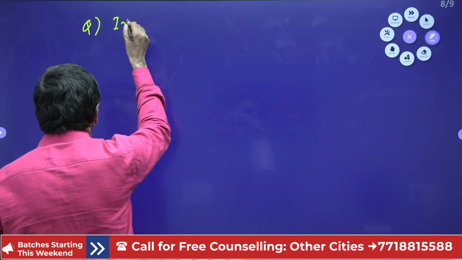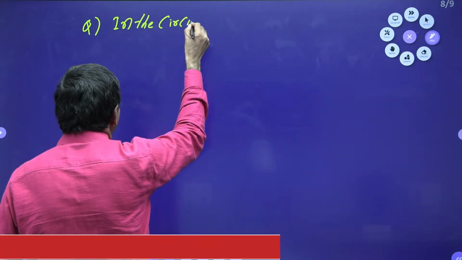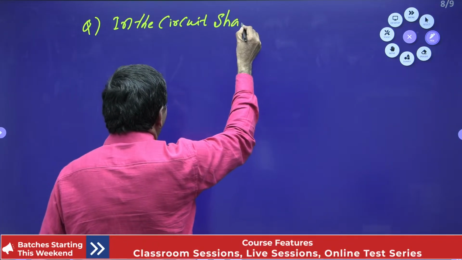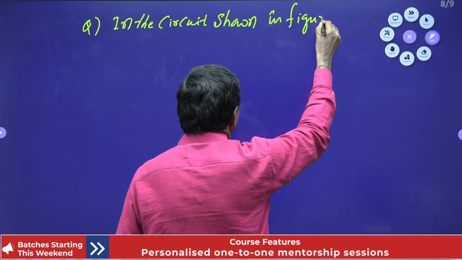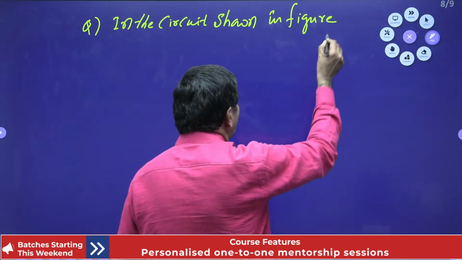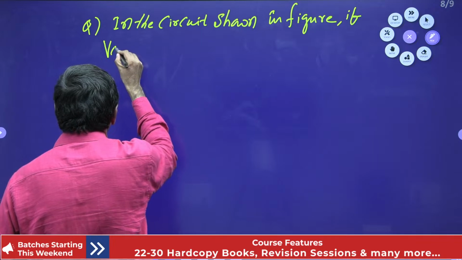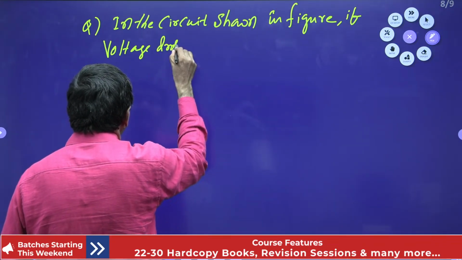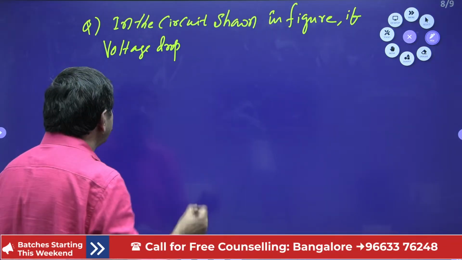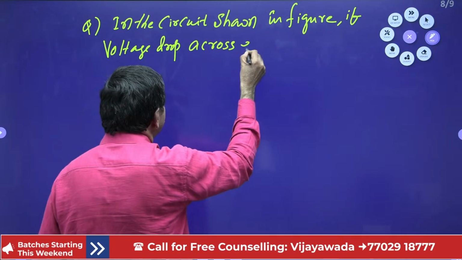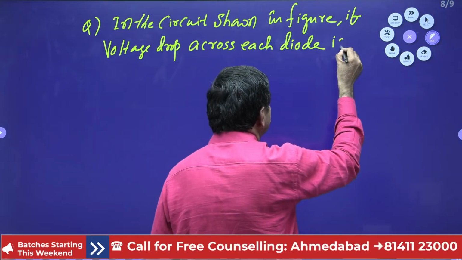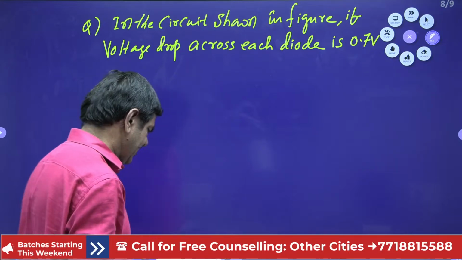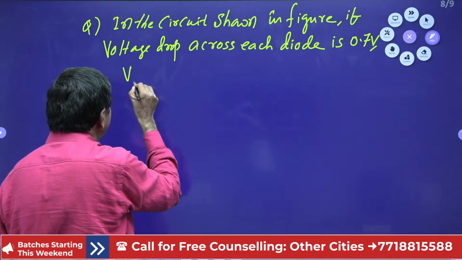A problem is given like this. In the circuit shown in figure, the voltage drop across each diode is 0.7 volts, and the thermal equivalent of the voltage, Vt, is given as 25 millivolts.